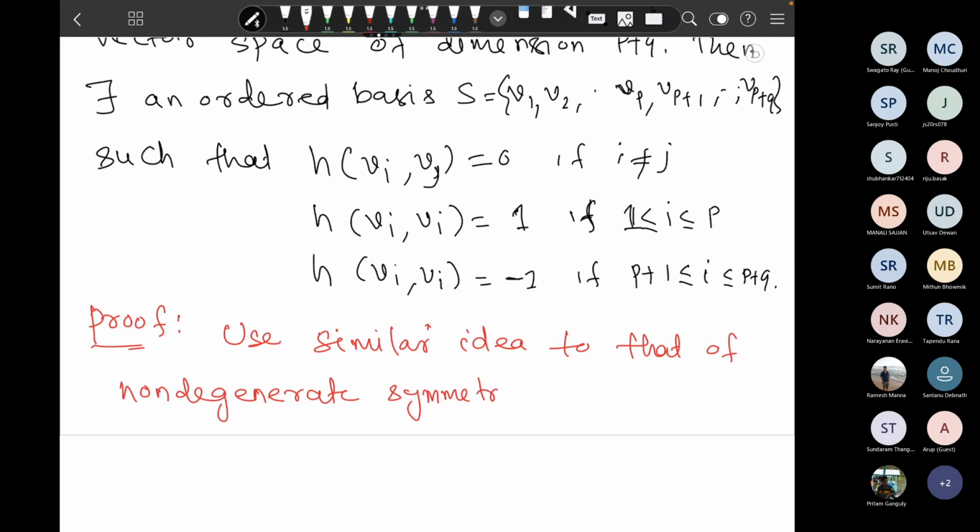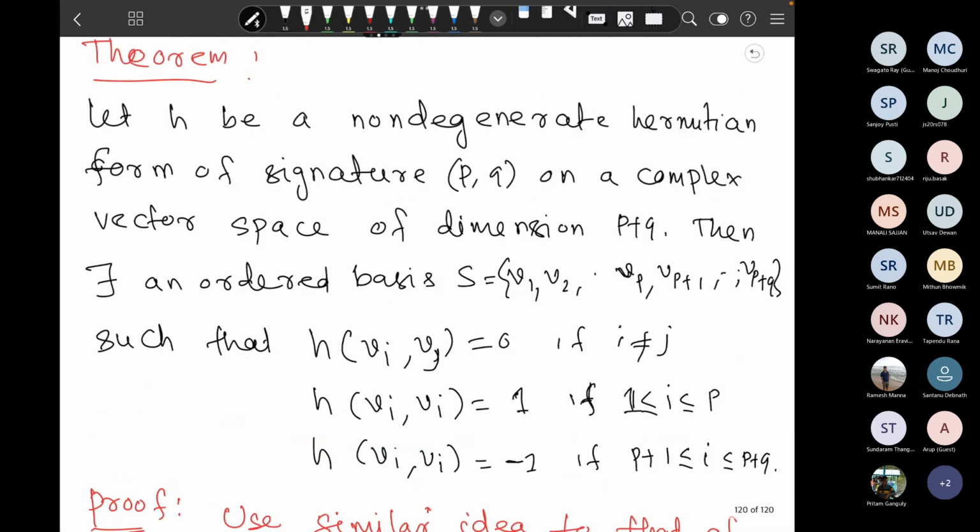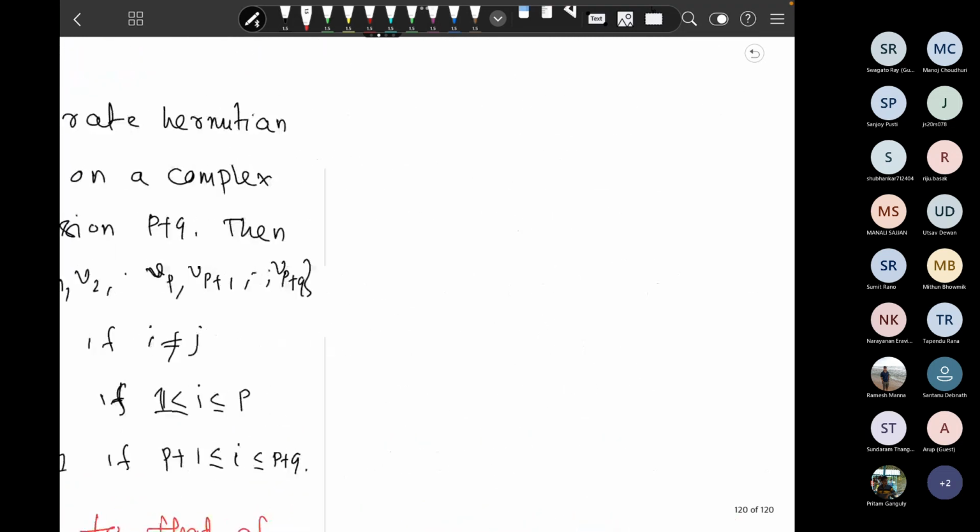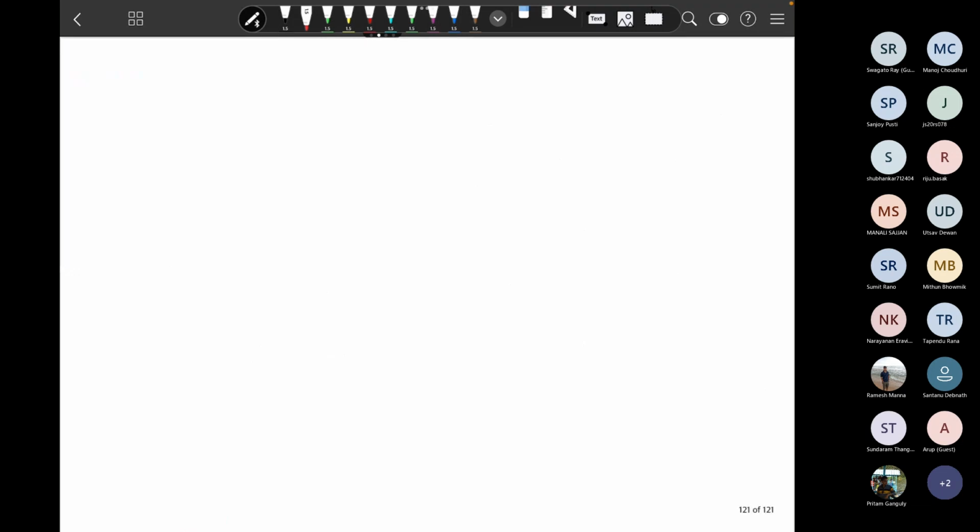So you can look at Hoffman-Kunze and write a proof on your own. Now it has two obvious corollaries.